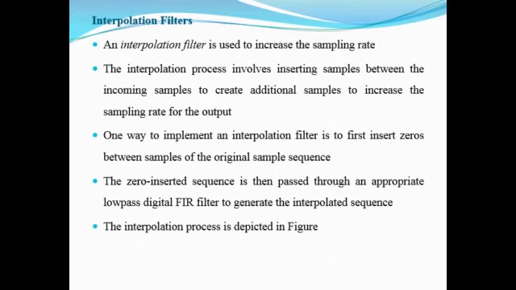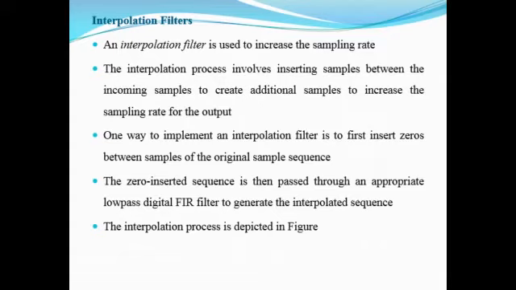Interpolation filter and decimation filter, as we have already discussed earlier in terms of increasing and decreasing the sampling rate. The interpolation filter is normally used to increase the sampling rate, and the decimation filter is used to decrease the sampling rate. During the process of interpolation, we insert some samples into a set of samples, whereas in decimation, we drop some of the samples.